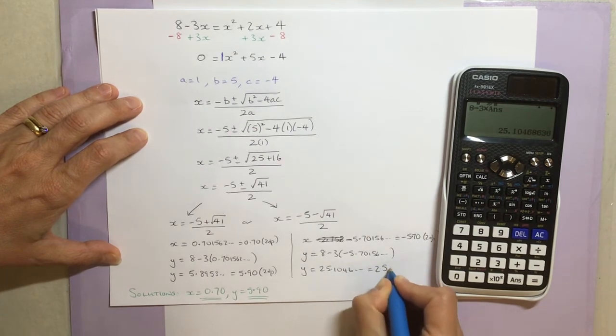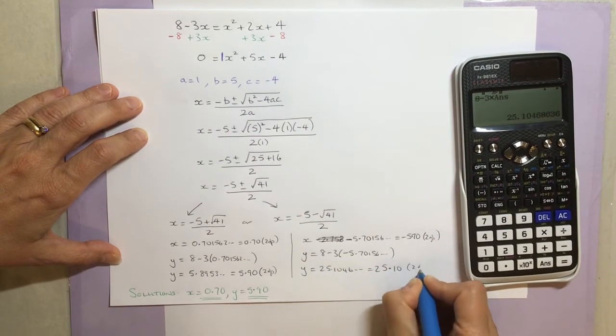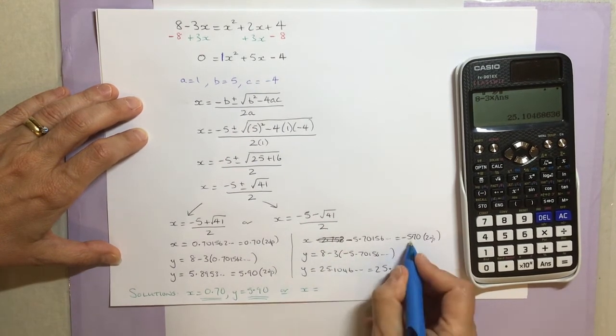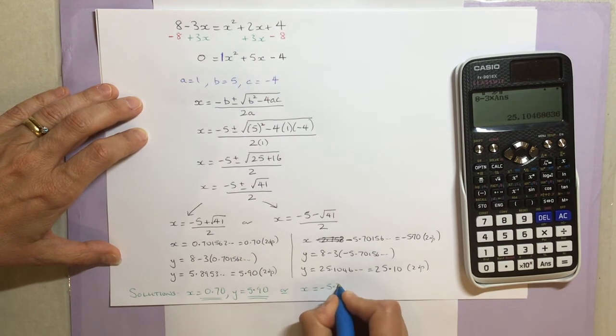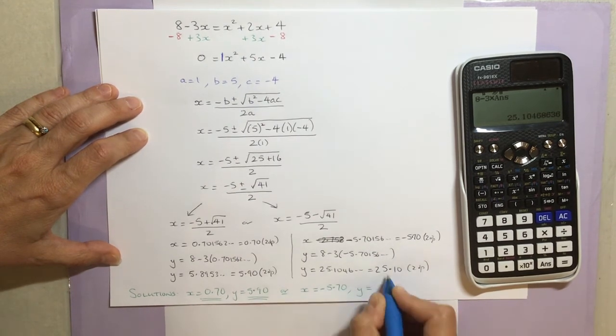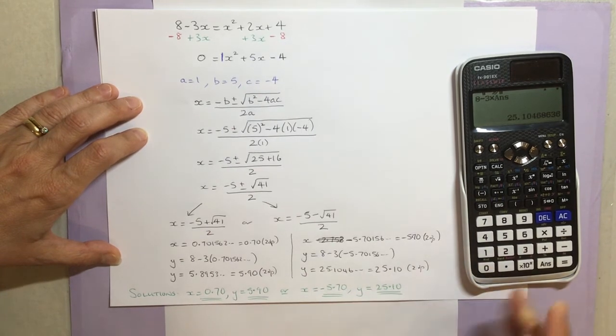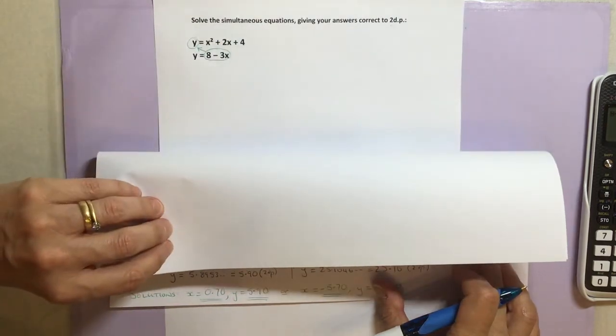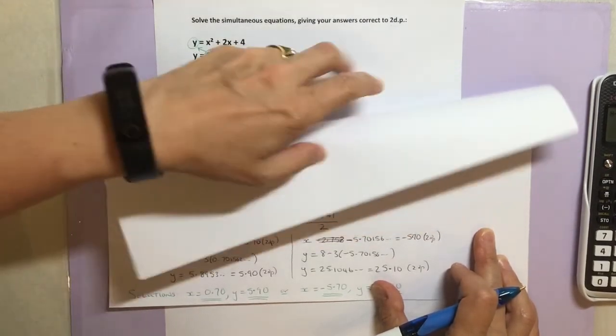So 25.10 to 2dp. So my solution here then on this side is going to be x equals minus 5.70, and the corresponding value of y there, 25.10.